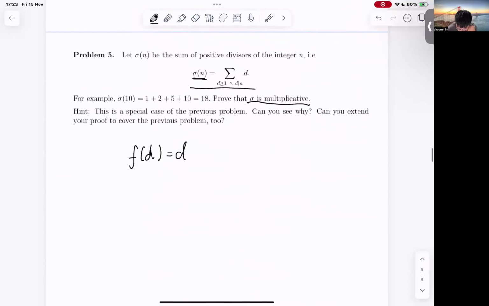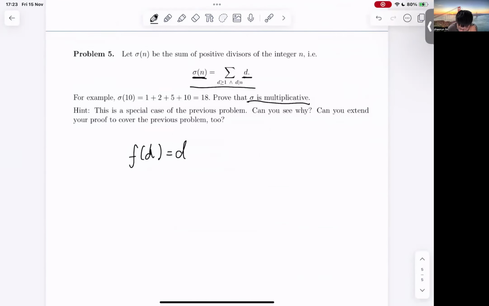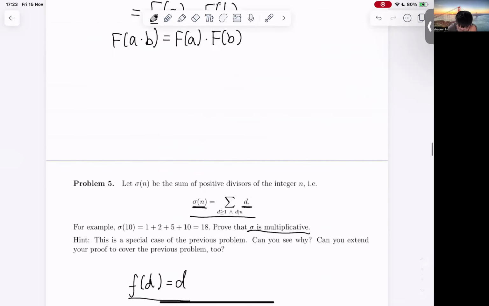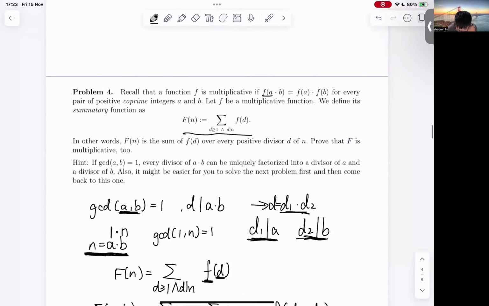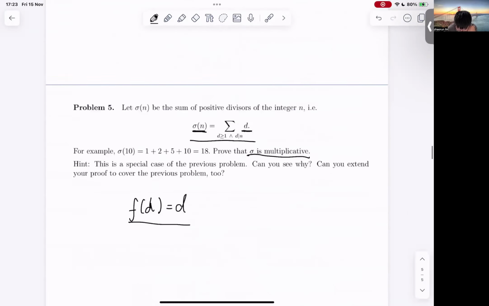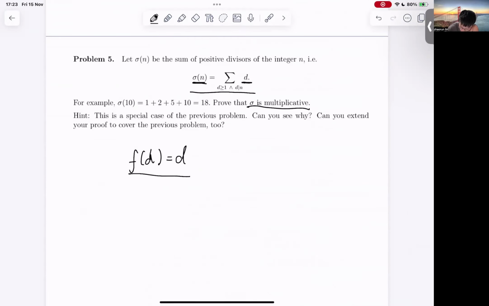And since this d is of course multiplicative, we can set f(d) equals d. And if this little f is multiplicative, then its summatory function is also multiplicative. So we have here that this sigma is also multiplicative. And this proves this question.